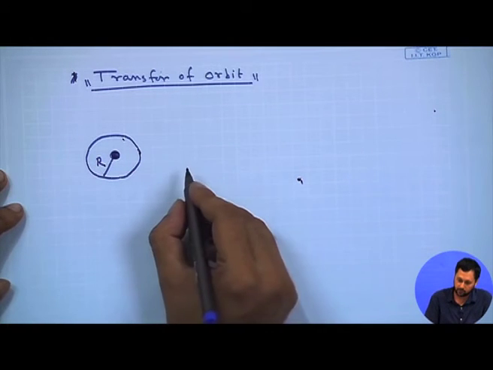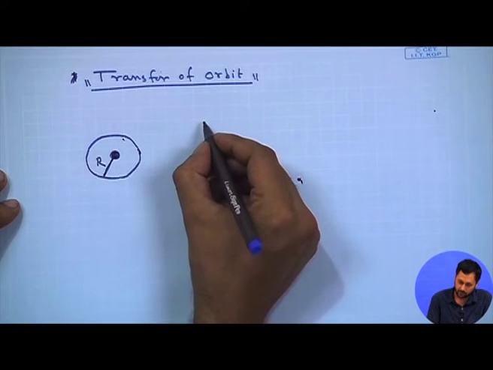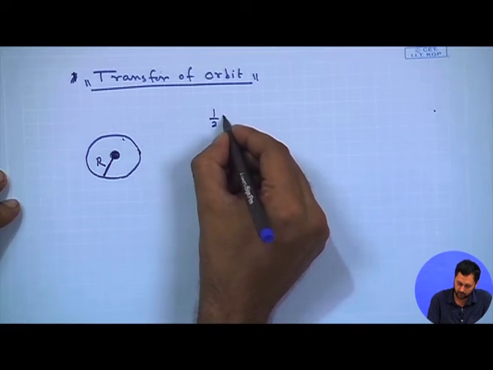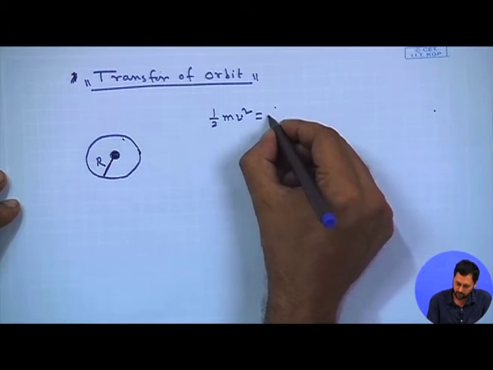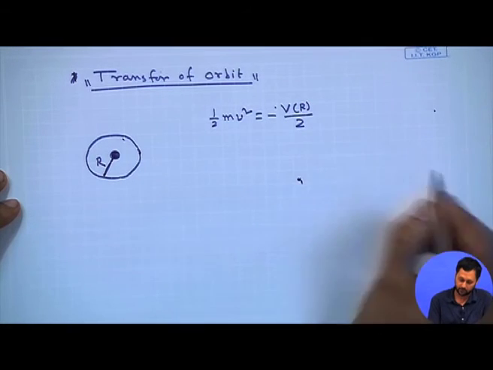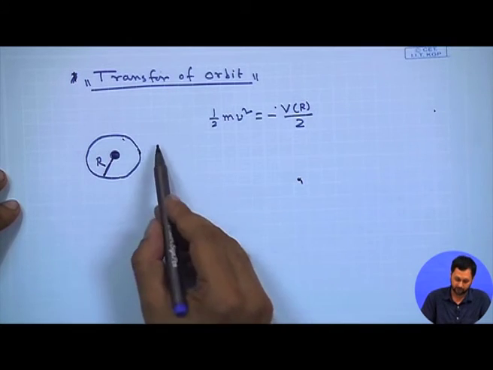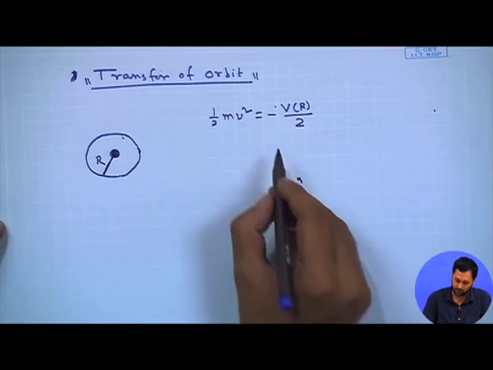Now, what is the velocity on a circular orbit? If you recall, if this radius is r, then we can write this relation that half m v square is equal to minus V(r) by 2. This is not very important to understand the nature of orbit transfer, but I wanted to just discuss this briefly.